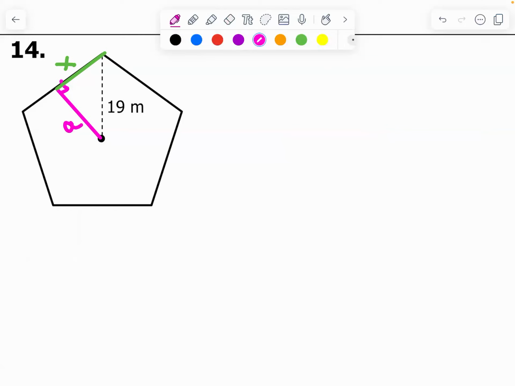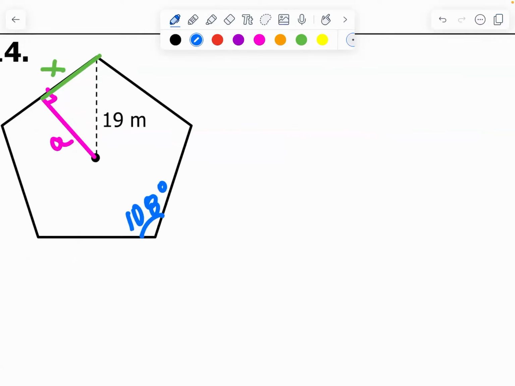Okay, we've already worked with a pentagon, correct? How many degrees was a pentagon angle? 108. So we know that this guy right here is 54 degrees, right? Okay, so what do you want to find first, apothem or X?